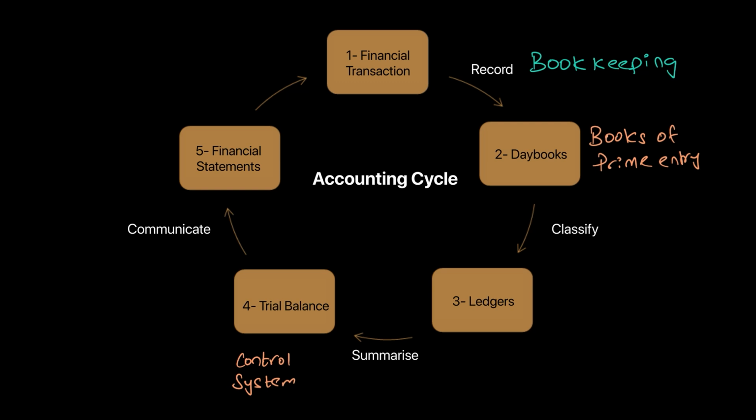There are no errors. For example, if there were any calculation mistakes, we would be able to identify them at this stage. Any calculation error, any entry omission, any other error that took place during recording and classifying the transactions can be detected at this stage, which is called the trial balance stage.